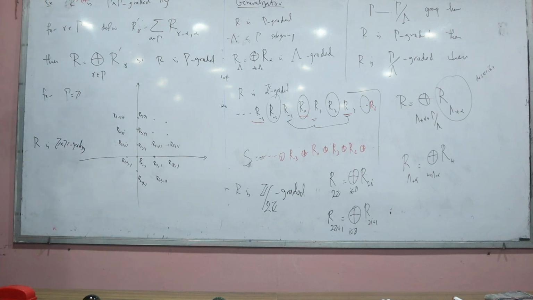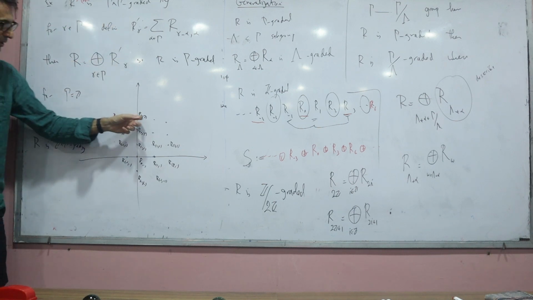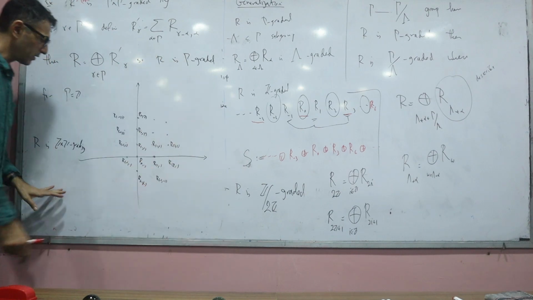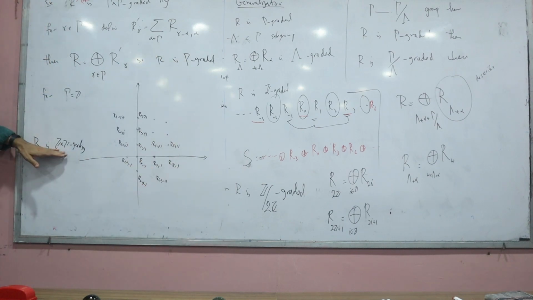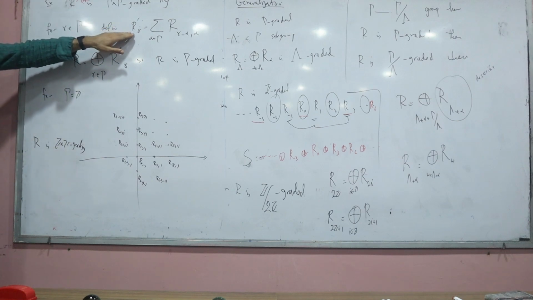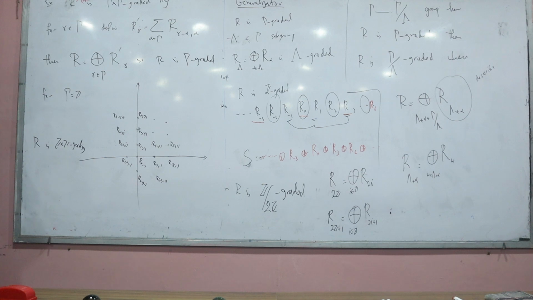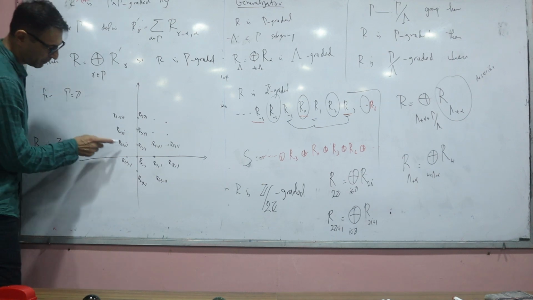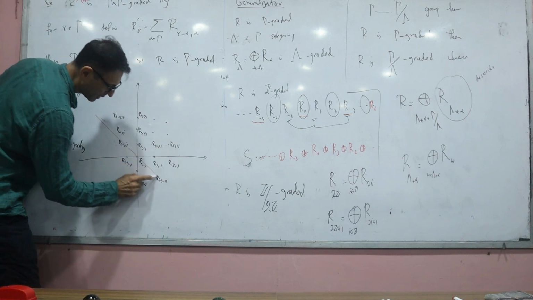And then convince yourself that this one, so look, let's go back again. R is Z times Z graded, so these are all the components everywhere. Now I want to get a Z grading with this definition. So I want to put all these components next to each other. So if you stare at this, you see that I'm putting all these components next to each other.